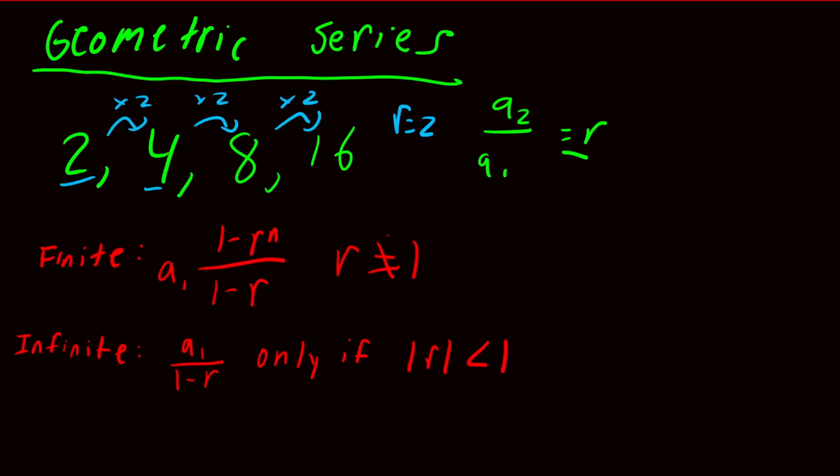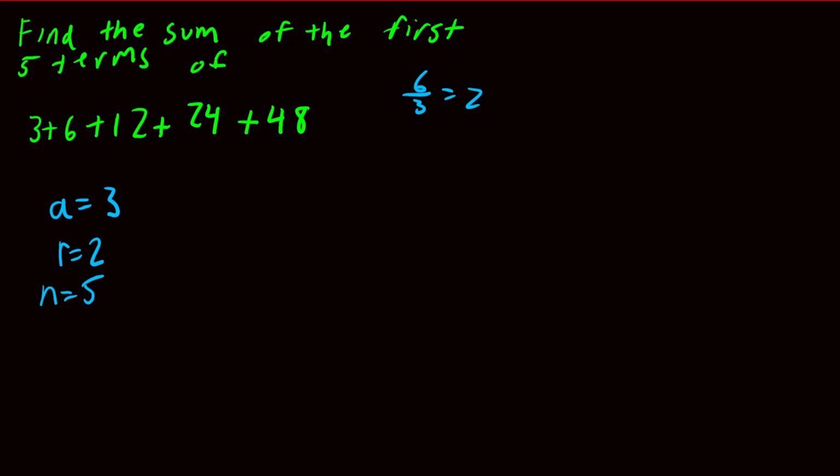Now we have to determine, is this a finite or infinite series? Well, it stops, right? It just says find the first 5 terms. It doesn't go on to infinity. So we're going to use the finite formula, which is a1 times (1 minus r to the n) over 1 minus r.